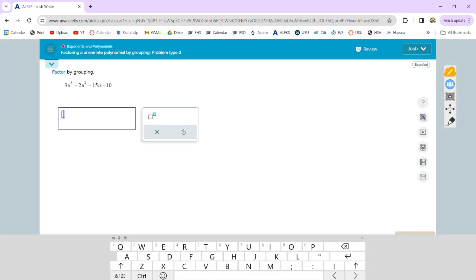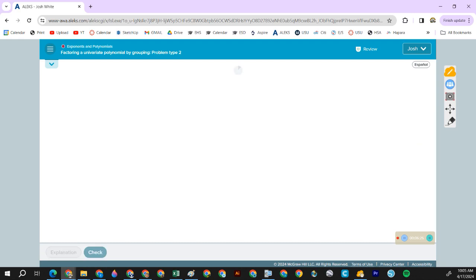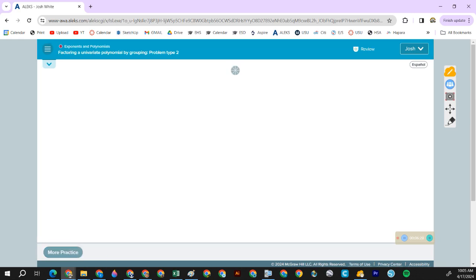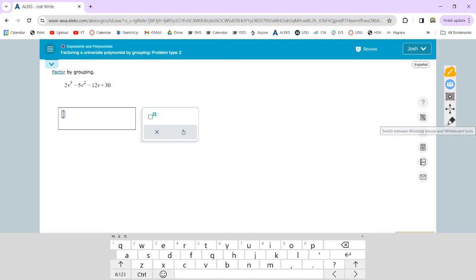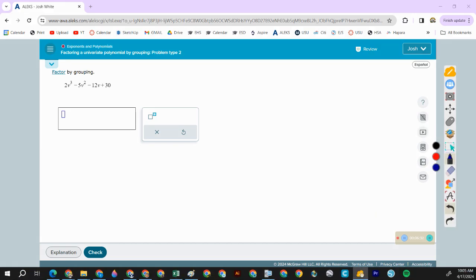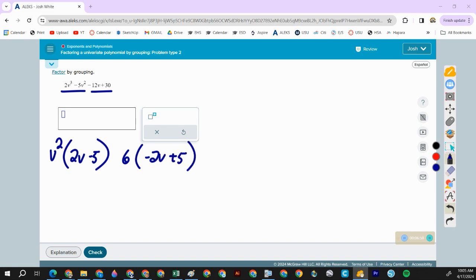Let's do another one of these. See if we can get one that has a. Okay, this one's good. Pull out a v squared, and I'm left with 2v minus 5. Pull out a 6, and I'm left with negative 2v plus 5, but those don't match.